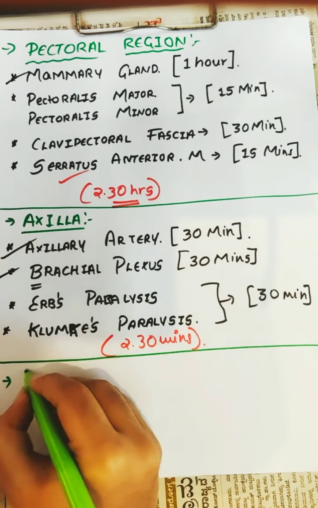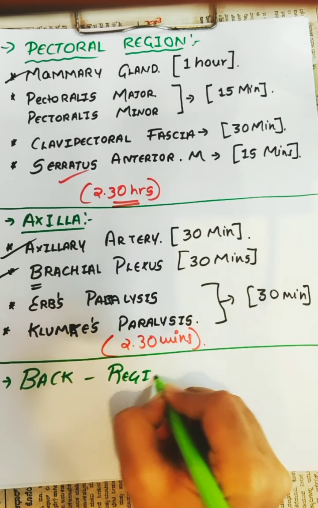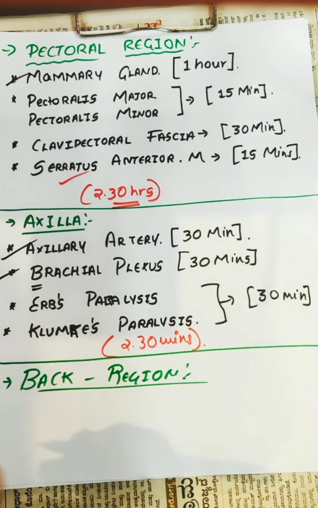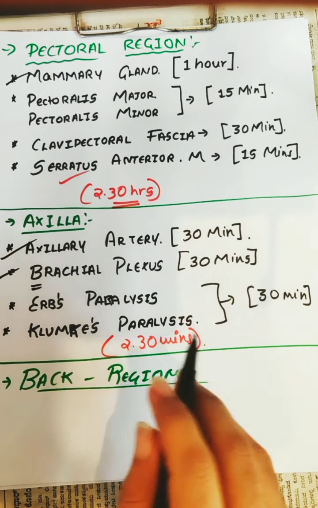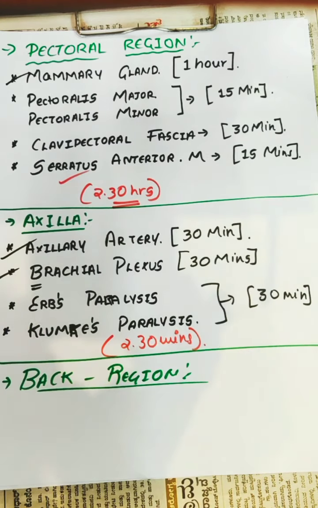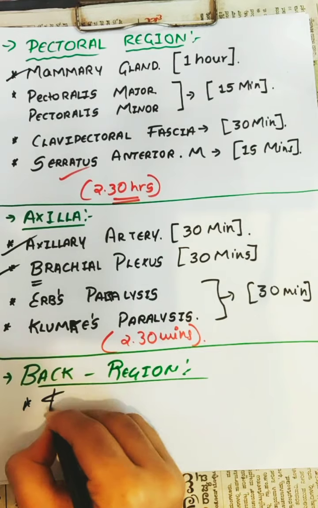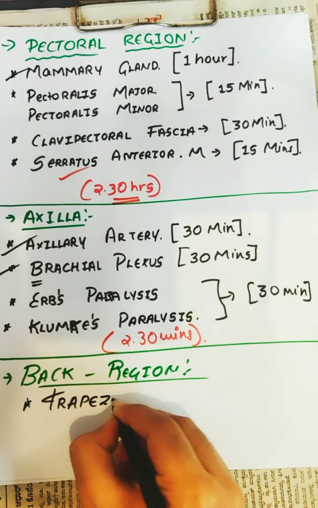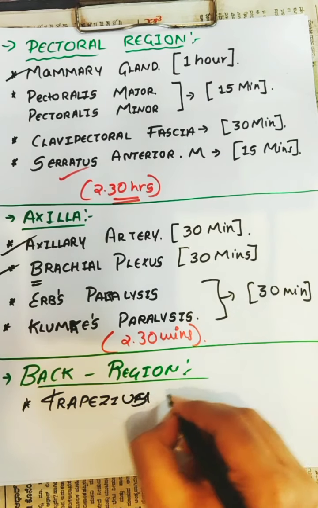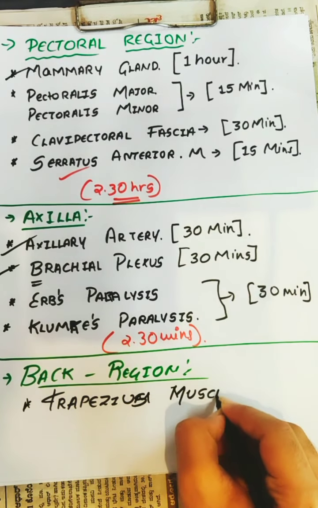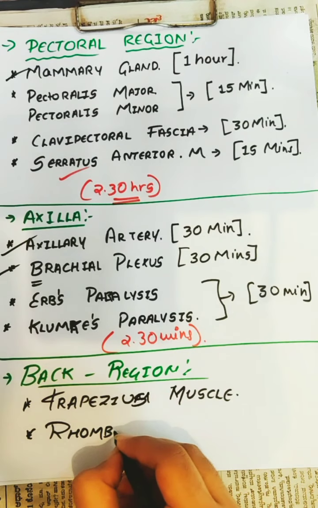The third chapter is the back region. Back region is not that important, but you have to study it; give importance only to these 2 topics. I mean it. Give importance to these 2 topics, that is trapezius muscle and rhomboids.